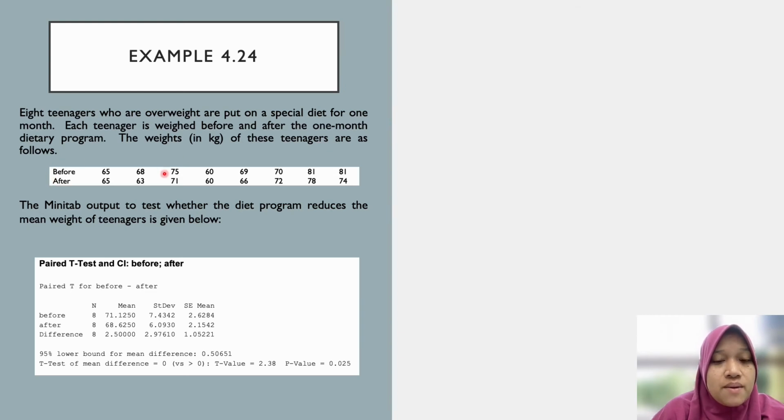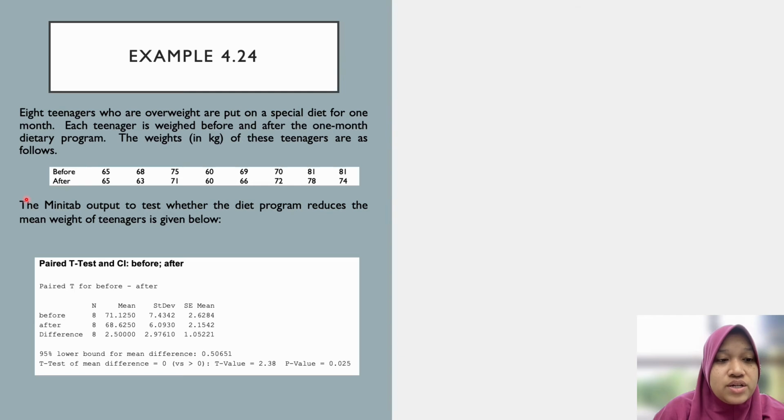Okay, so this is an example of a dependent sample because we are measuring the weight of the 8 teenagers first before the dietary program, and 1 month later after the dietary program, the weight was measured again.